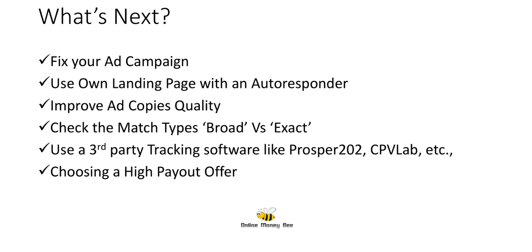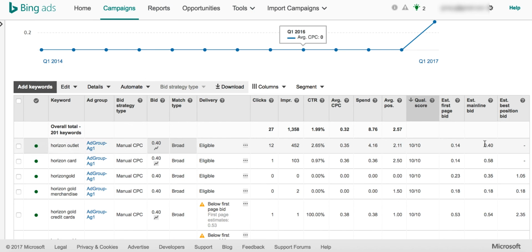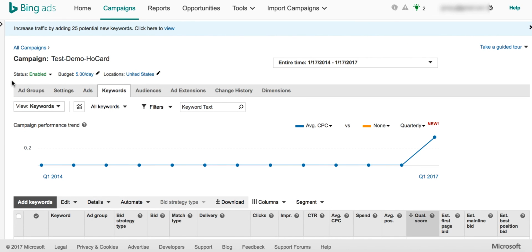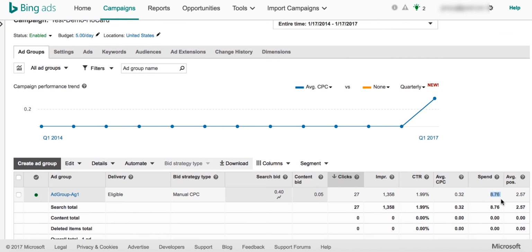But in this example, if you see here, we have already spent $8 on this campaign and got only $3 back, because there is only one conversion or one sale that got us there. So approximately $9 is what we have spent and we got only $3 back. So pretty much we are at a $5 loss in this example.